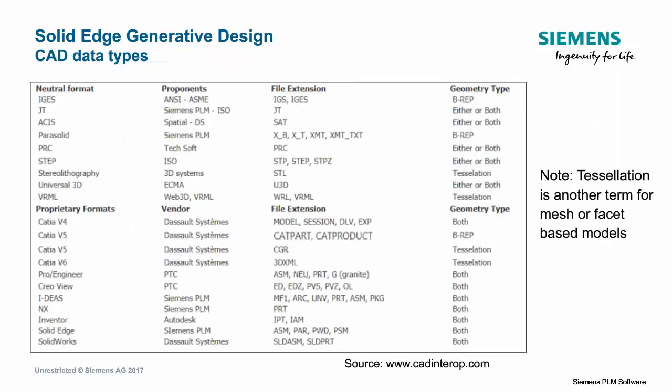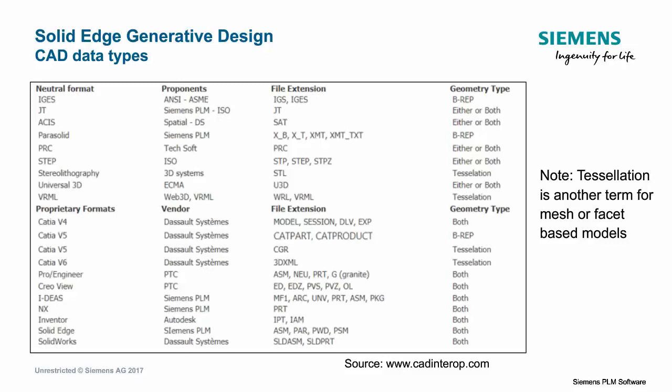And this chart, it might be a little difficult to read, it has a lot of data on it, but it shows how common CAD formats, both neutral formats at the top and then proprietary formats at the bottom, typically use either boundary representation or mesh models, or often a combination of both. For example, IGES is a BREP format.